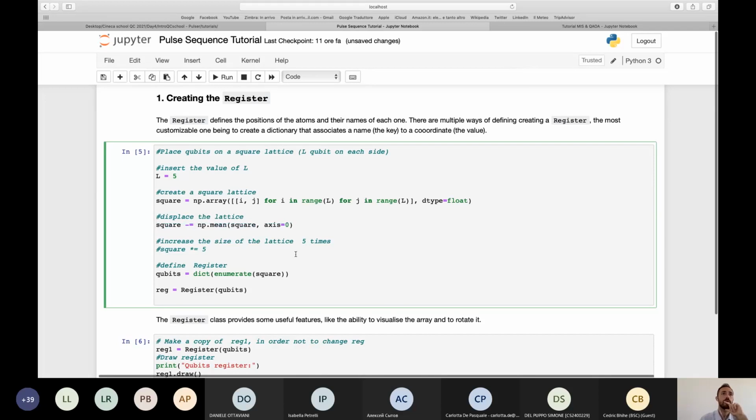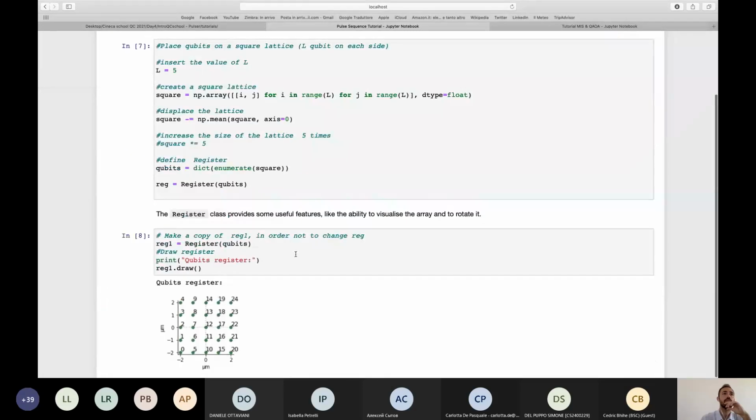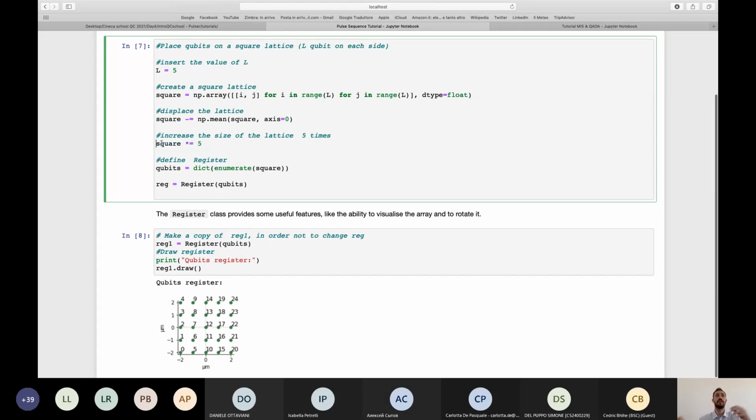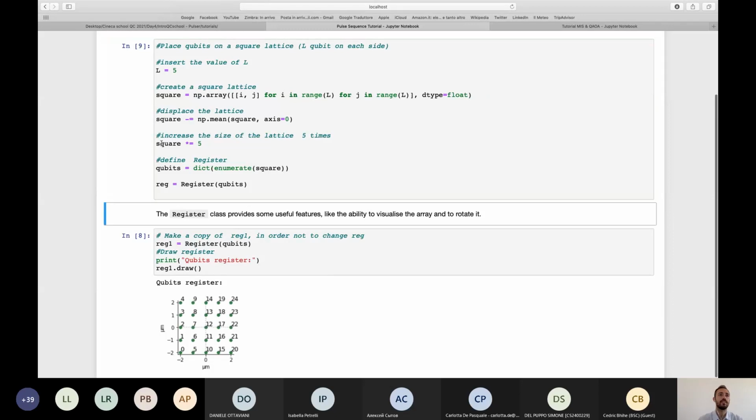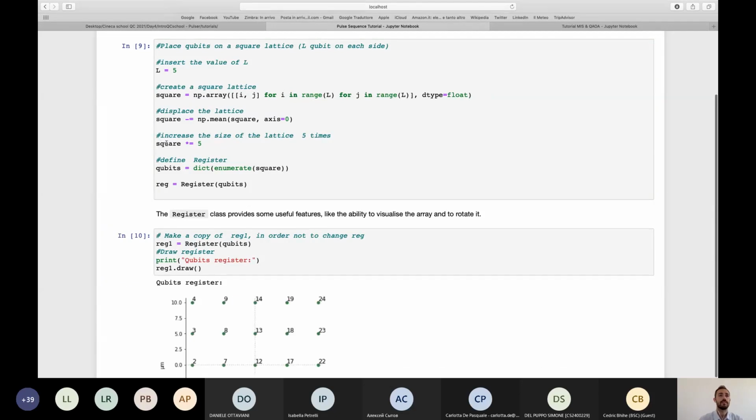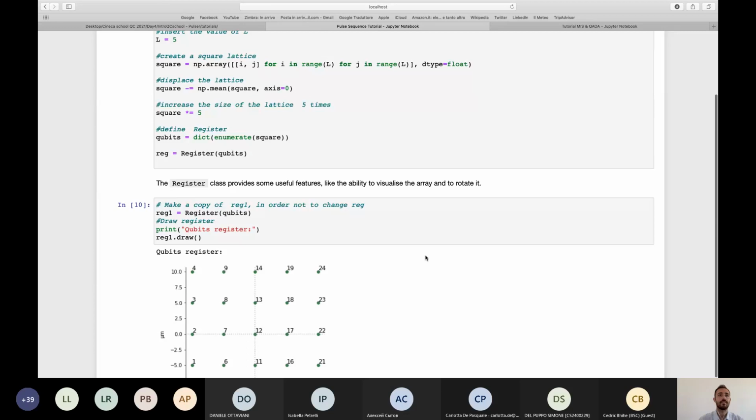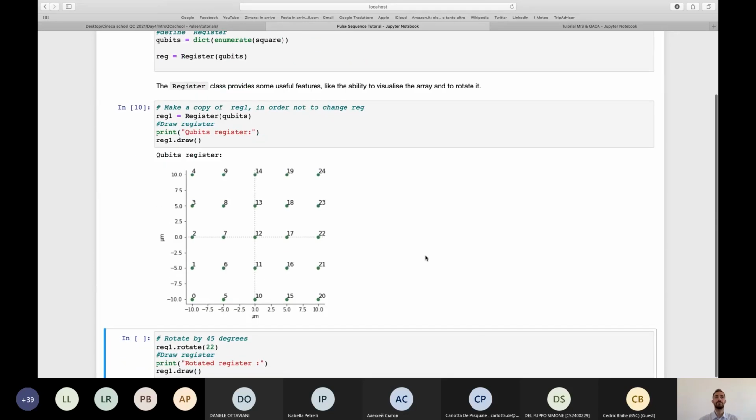You can, for example, displace around the mean, so what you get is this one. Now 0 is in the center. Then you can also spread them, increasing the size of the lattice by 5 times, so you get something that has a better spacing. So that's your register of qubits.